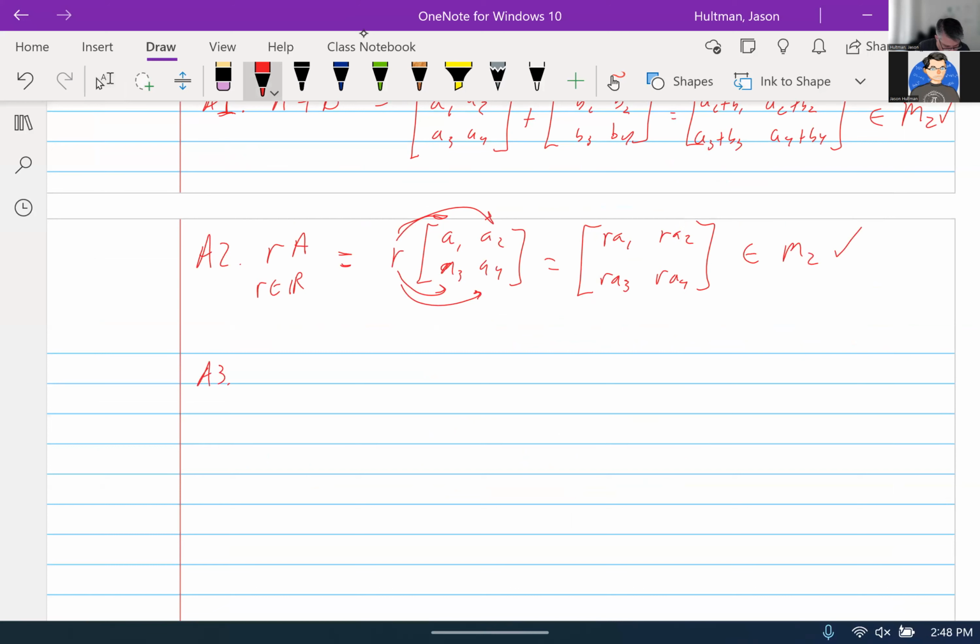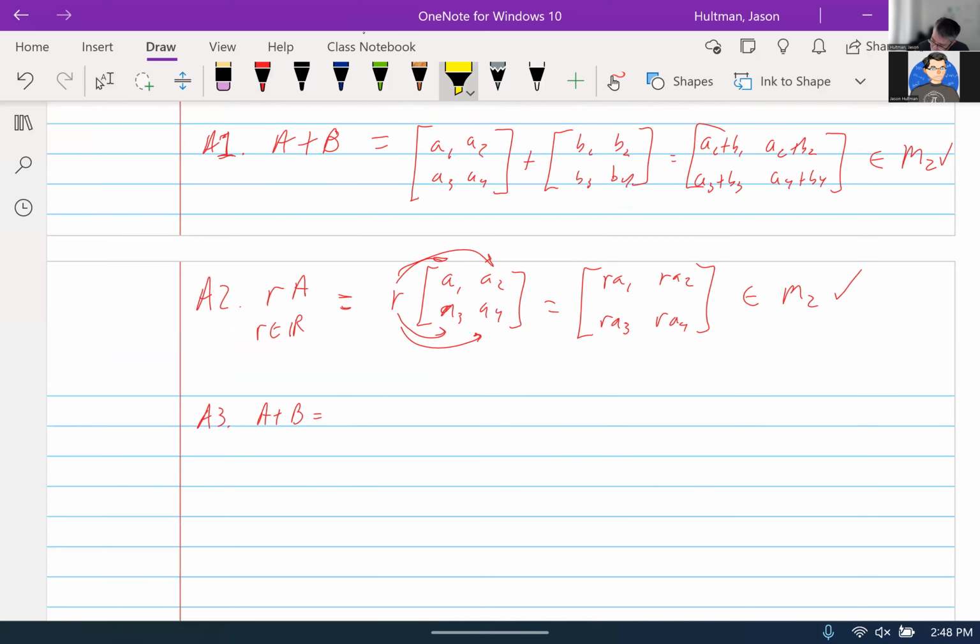Okay, A3. Does A plus B equal B plus A? Well, A plus B, we saw, is A1 plus B1, A2 plus B2, A3 plus B3, A4 plus B4, and addition of real numbers is just commutative.